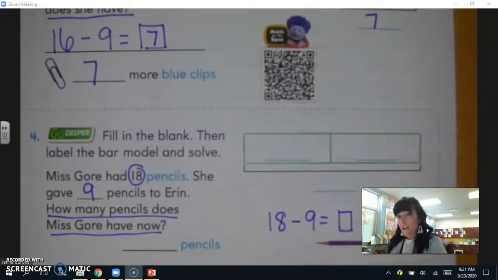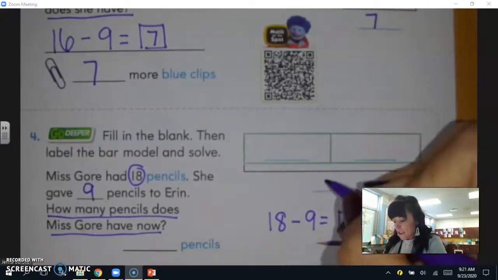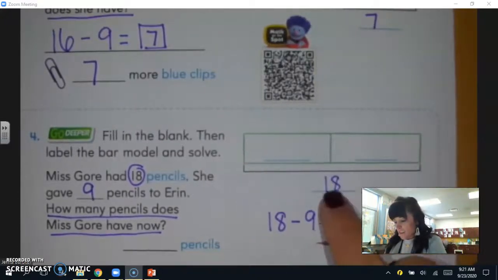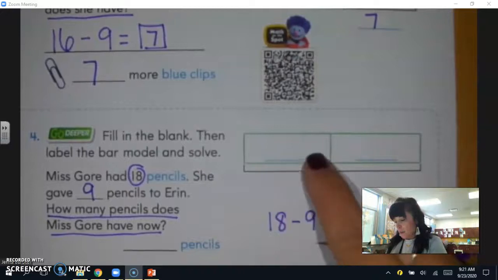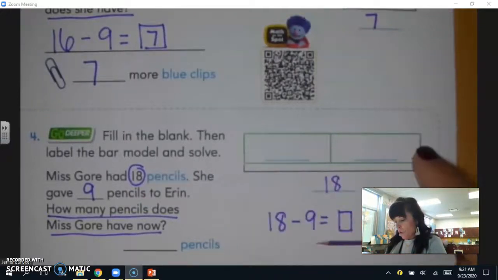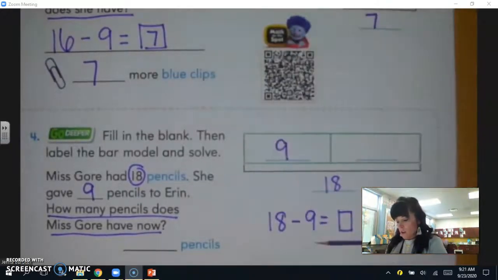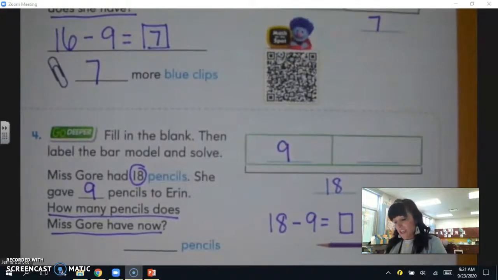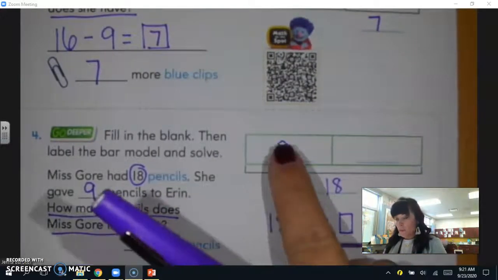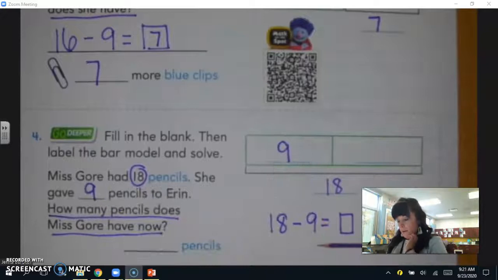That's my whole. That's the big kahuna, the big one. So 18 is going to go here because this 18 makes up these two parts. This whole thing is going to equal 18. I chose my number as 9, so that's what I'm going to put here. If you chose a different number, you'll put your number there and not mine, okay?